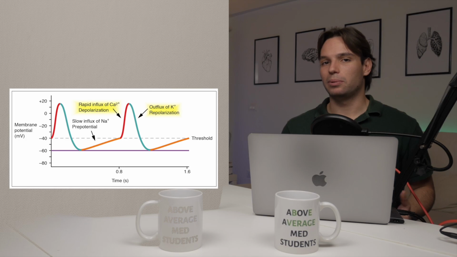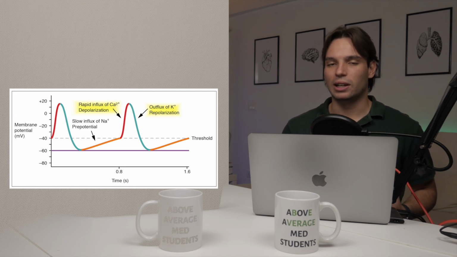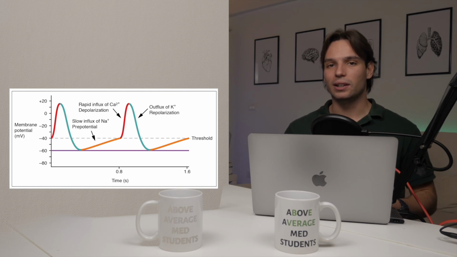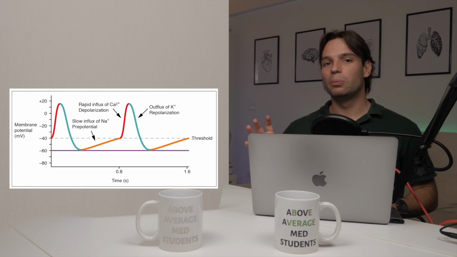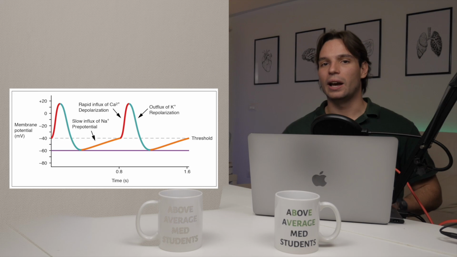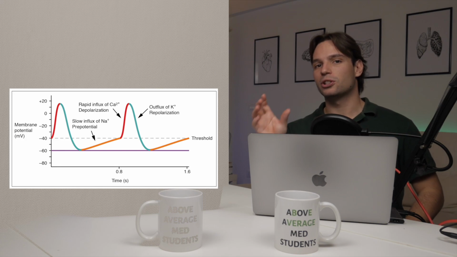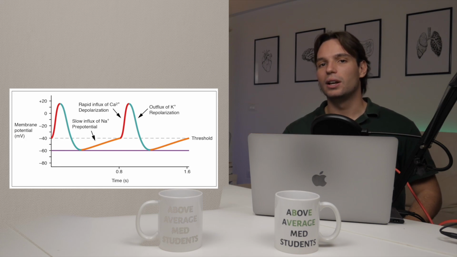So let's recap the action potential of an electrical conducting cell. As the cell is repolarizing, it is about to reach -60, we have the opening of funny sodium channels and the closure of voltage-gated potassium channels. This will make up the first part of the pacemaker potential.